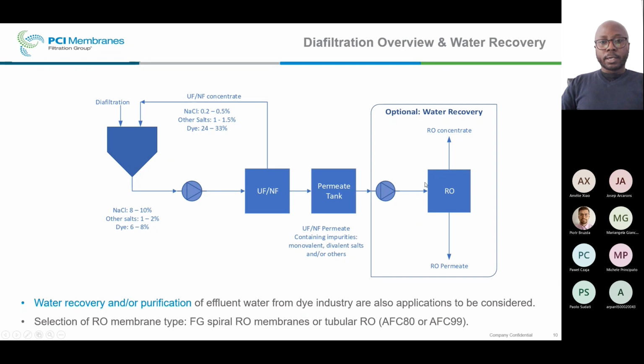Either way, a reverse osmosis system could be used as a second stage to concentrate the permeate water that's been collected during the first stage, and then recover some of the dye that's been lost, or some of the salts or impurities which should be concentrated in the retentate. And then the permeate water collected from the reverse osmosis could then be reused as part of the dye filtration water, or could be reused as the main water supply for the production phase within the dye application itself.